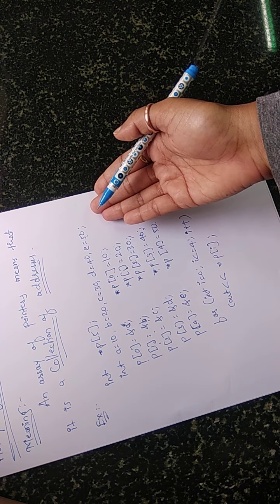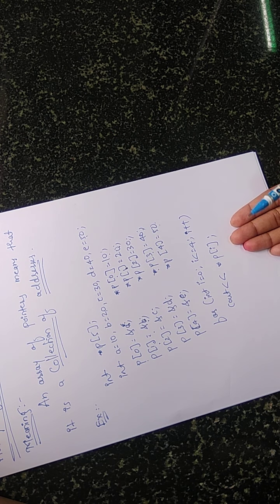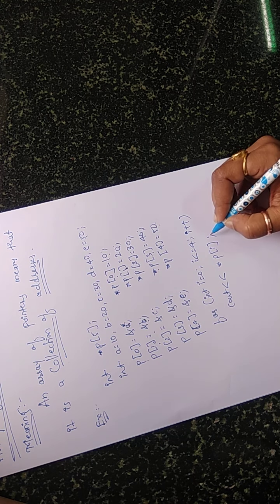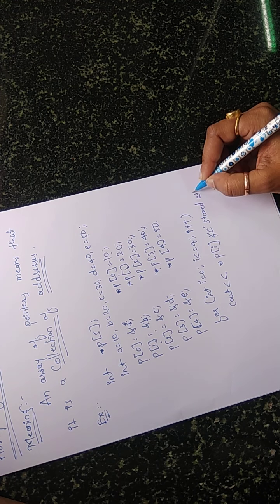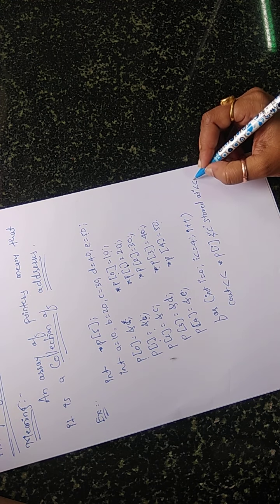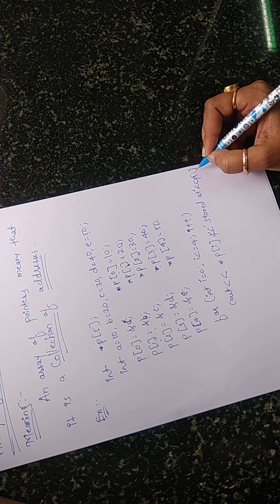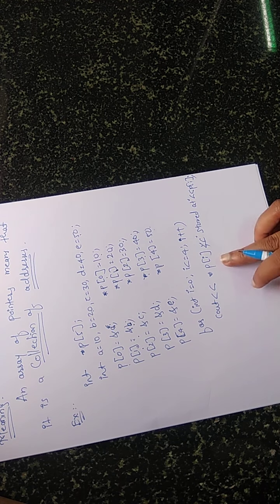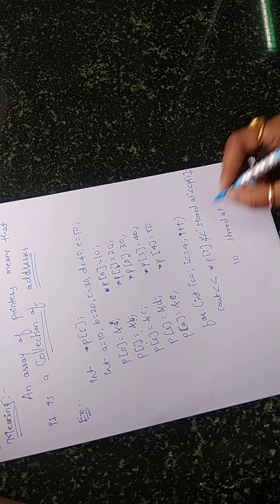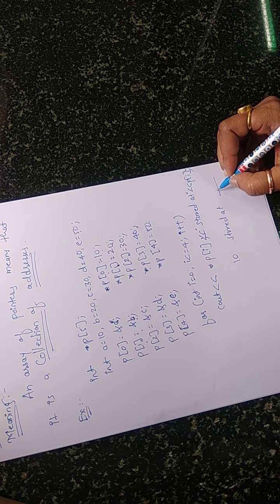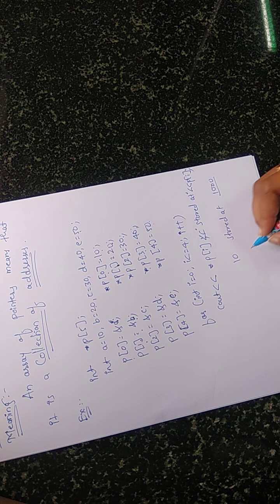If you want the memory address of this location, then you can print the value stored at p of i. So it will print 10 stored at the memory address of a. Consider it is 1000, so 1000 will be printed.